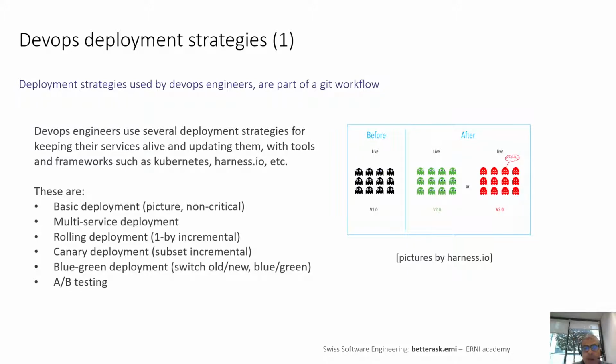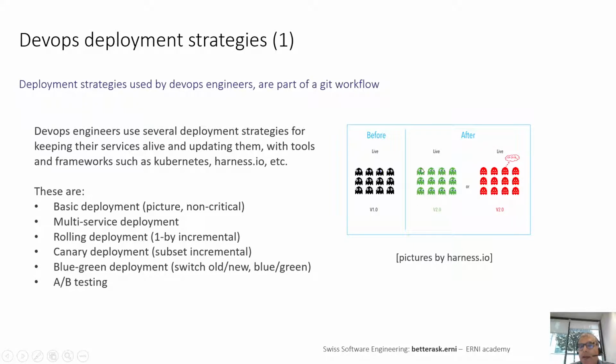Okay. The most important types of deployment strategy are the ones here: basic deployment, multi-service deployment, rolling deployment, canary deployment, blue-green deployment, and A/B testing. We will see a couple of them now. This one here is the most primitive one, the basic deployment.